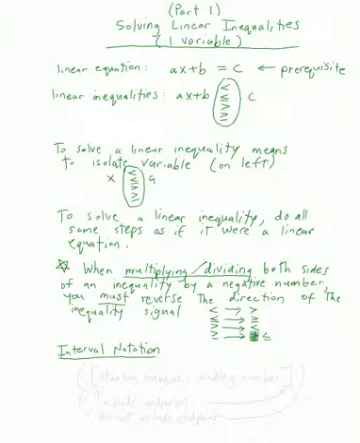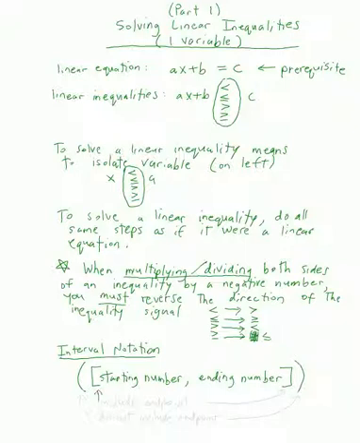You always write it as a starting number, comma, ending number. Also, you can put a bracket or a parenthesis on either side.